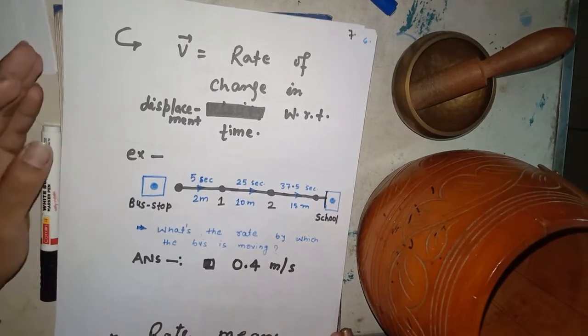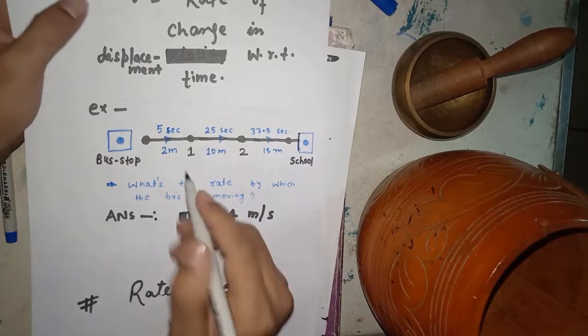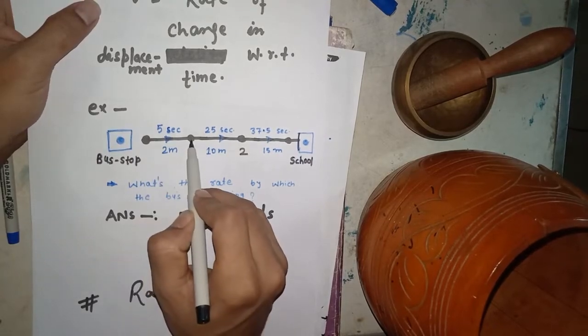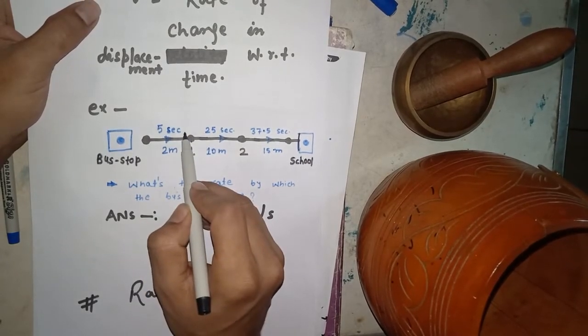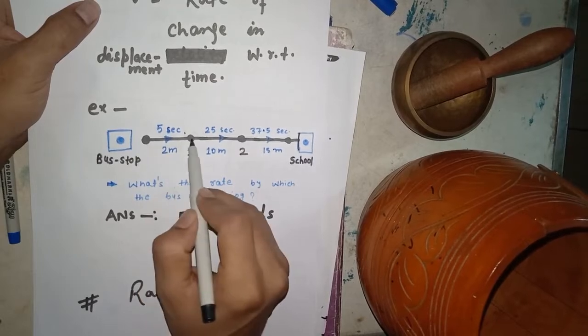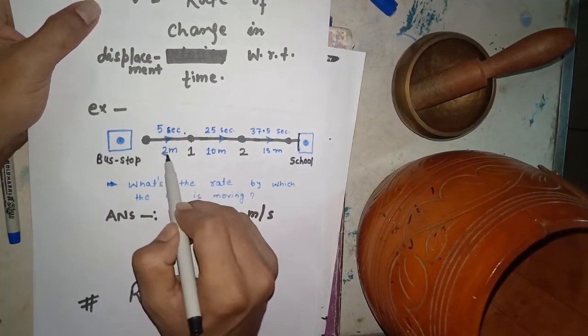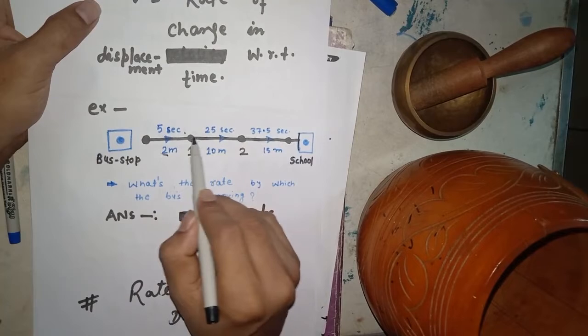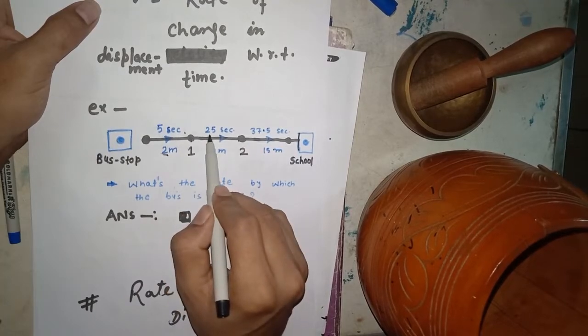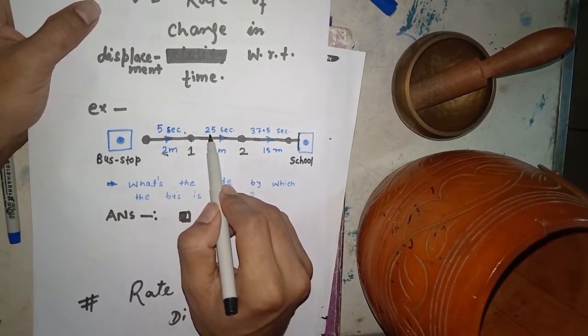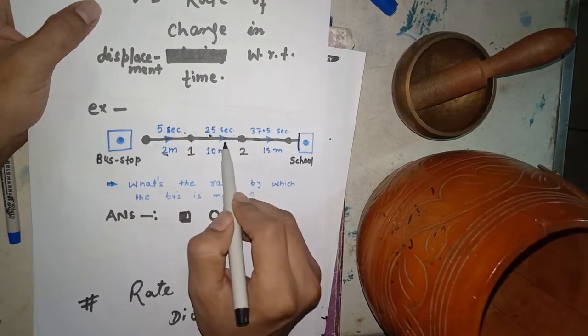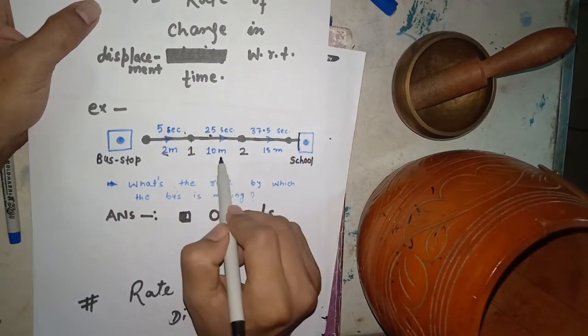Now I give you an example. If I travel to this point in 5 seconds and the displacement is 2 meter, then I travel from this to this in 25 seconds and its displacement is 10 meter, and so on.